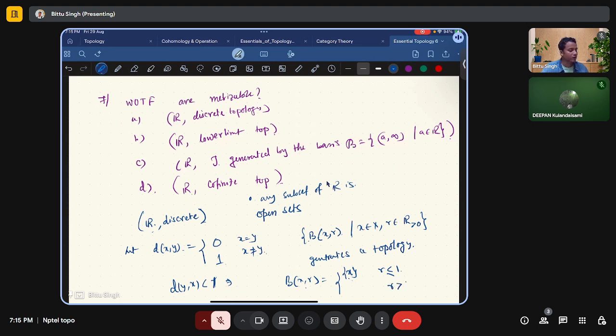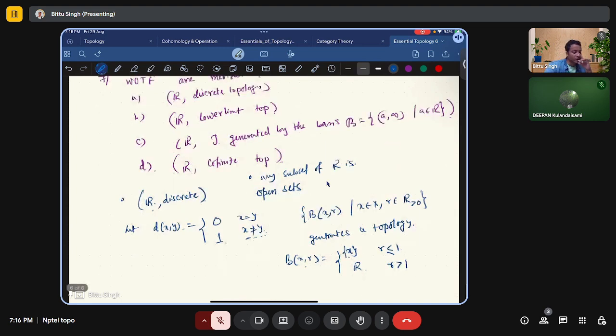Now if r is strictly greater than 1, then choose all those y such that the distance from x is less than or equal to 1. This is true for all those points, right? Distance less than or equal to 1 means it is either 0 or 1, so all points belong to this B(x, r). Here R is the set under consideration.